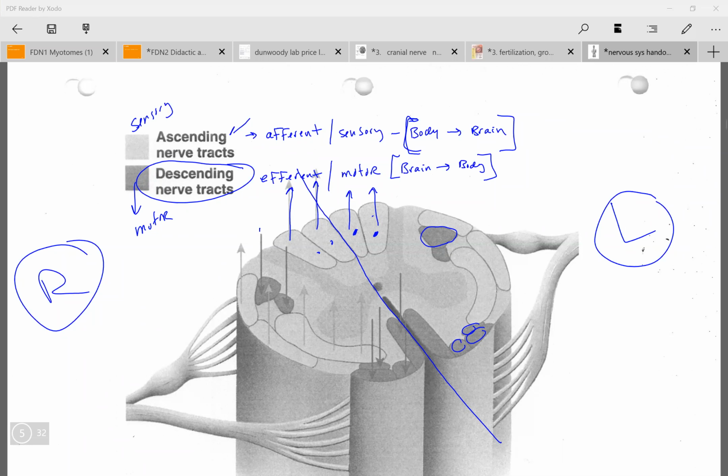Also, your ascending. So all these are the same thing. Ascending, afferent, sensory, they're all synonymous with each other. Even though on this particular diagram, they're just showing things on the right side, this is also occurring on the left side as well. So both the left and the right side of the spinal cord are constantly experiencing ascending and descending pathways.